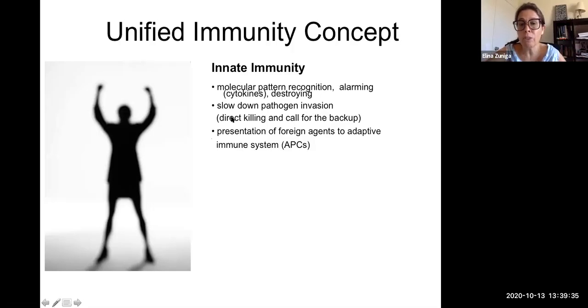It may also induce direct killing of the pathogen, and we learned how natural killer cells can do that. They may also call for backup, so they will recruit other innate cells, and we learned how cytokines, particularly chemokines, can recruit other innate cells, all towards slowing down the pathogen invasion.